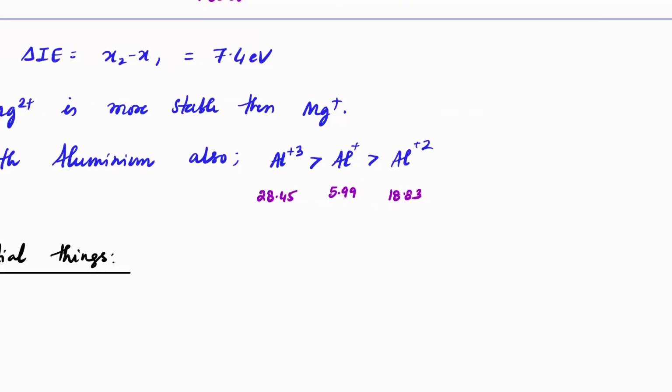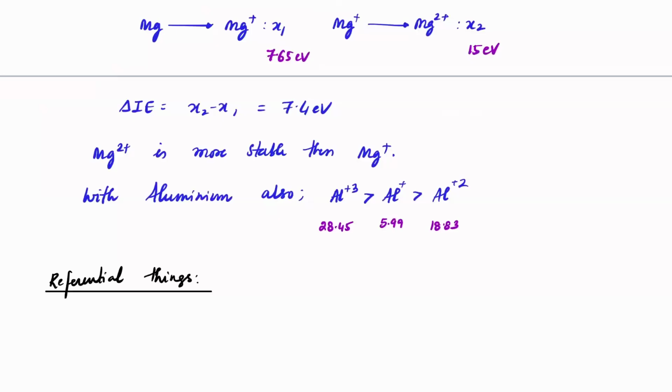And between 6 and 18 here, the difference is almost 12 units, correct? So the energy difference between these two is higher, and it would prefer to stay in +1 rather than +2. Is that point clear now? That's why the highest stability is for +3, then for +1, then for +2. These are all in electron volts per atom.